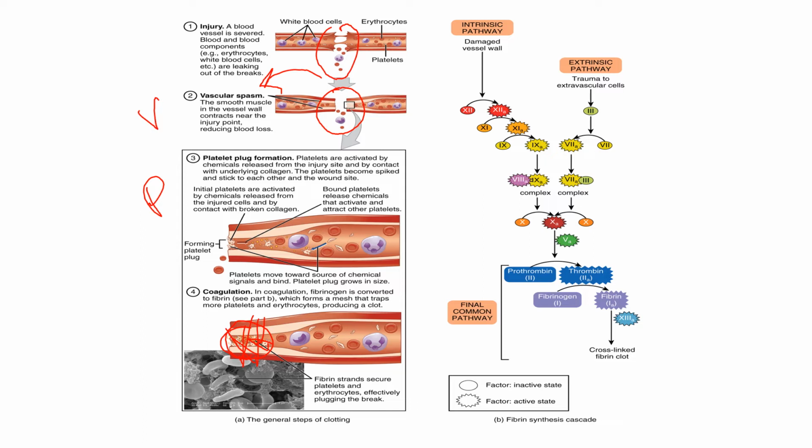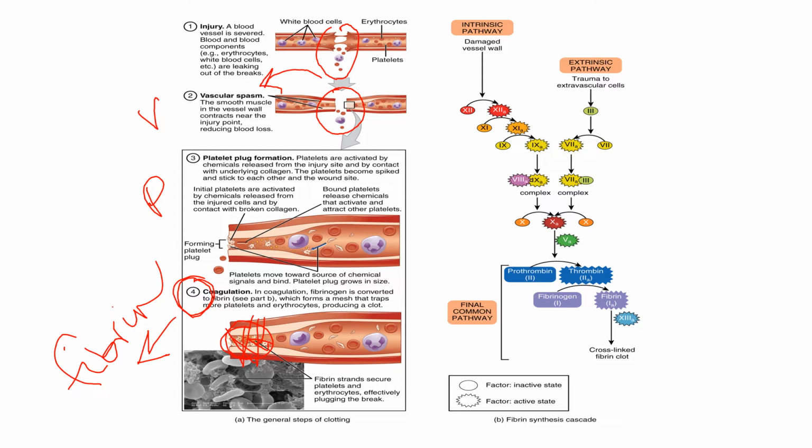So you will start the coagulation pathway to produce what? To produce fibrin. What's fibrin? It's a protein with sticky features. So fibrin will bring platelets together and form a permanent clot. This is the last phase, the coagulation phase or fibrinogen phase.